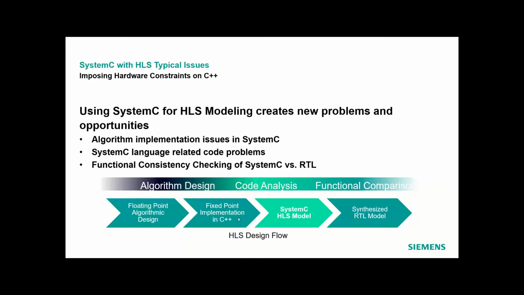So a commonly used HLS design flow looks like this. It starts with the floating point algorithmic design, moving towards fixed point implementation in C++, then getting the SystemC HLS model that the HLS tool can read in and execute by synthesizing, and then getting the synthesized RTL from the HLS tool.